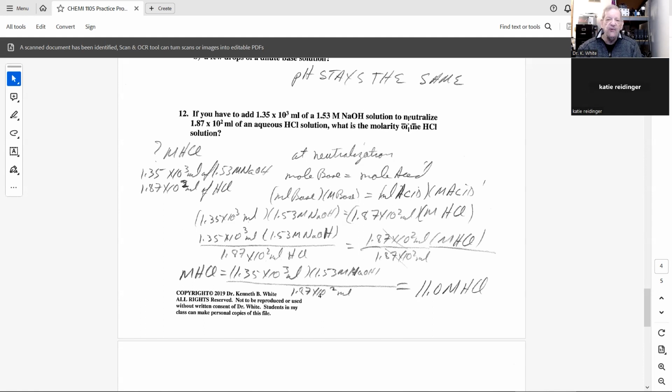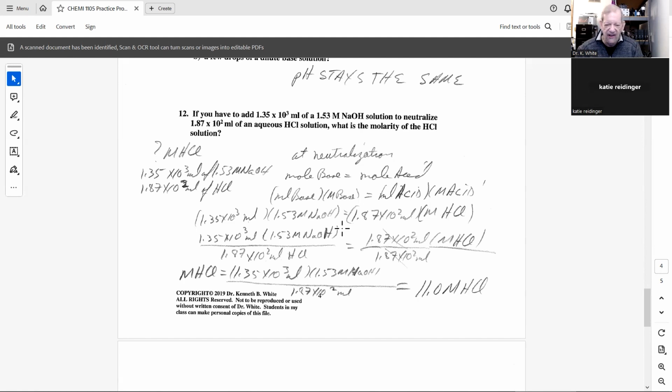When you see the word neutralize, that means titration. I'll say that in slow motion. When you see the word neutralize, that means titration.